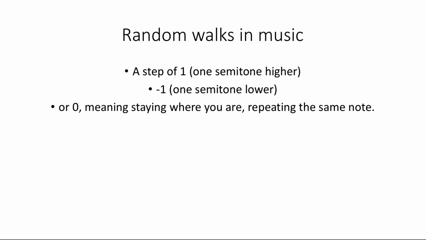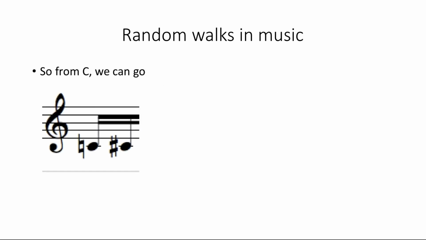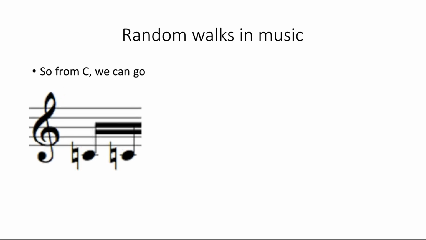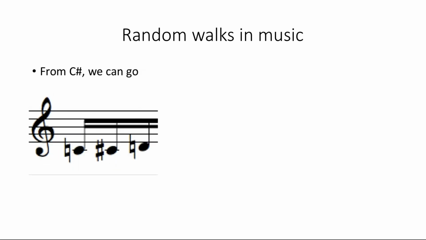So from C, we can go to C sharp, B, or stay at C. From C sharp, we can go +1, -1, or 0, so D, C, or C sharp. Let's go with D.